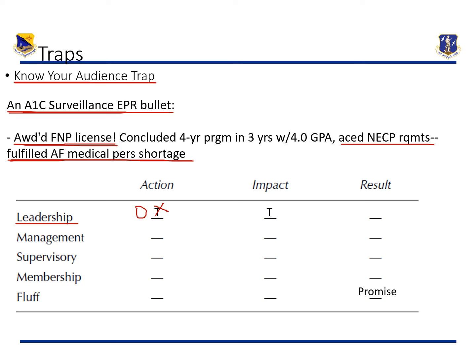And so I definitely fall this under the leadership. When we look at the impact, concluded a 4-year program in 3 years, that's basically exceeding standards. And then amazing scholar, right, with a 4.0 GPA. So I almost dare to say that for an A1C, that's leadership and that's operational.